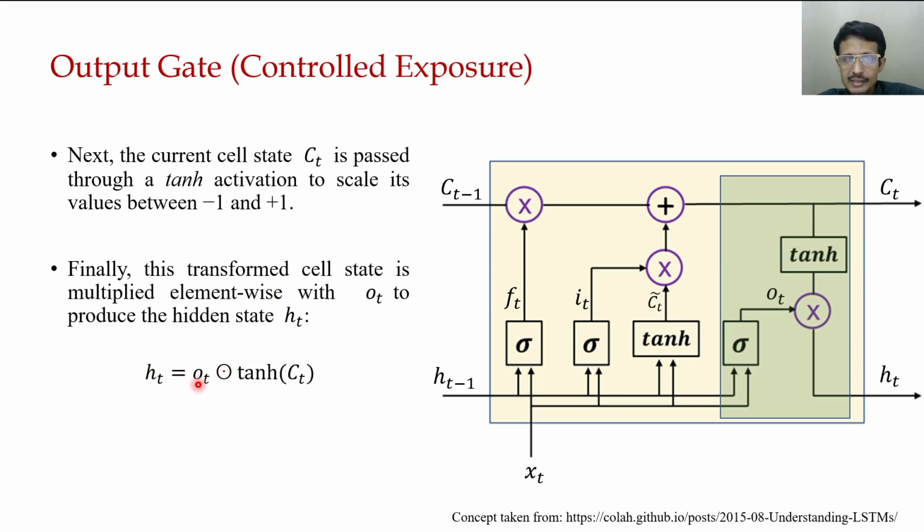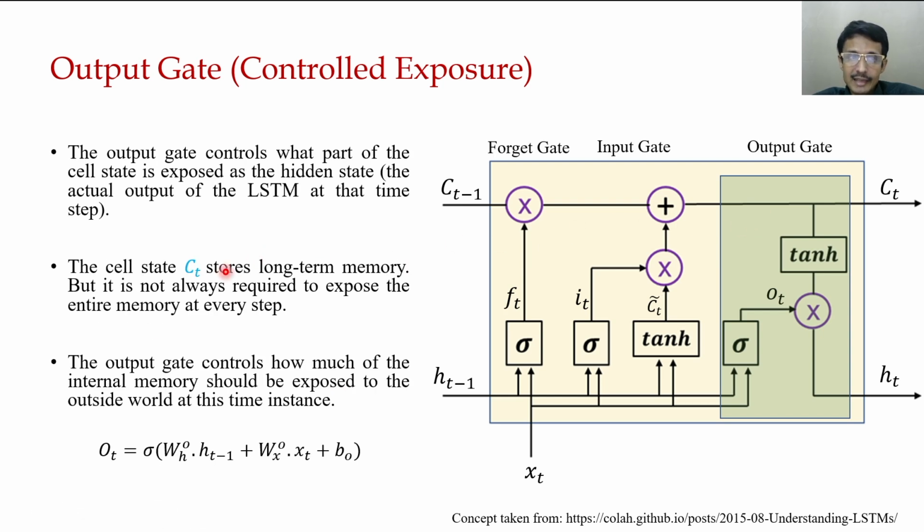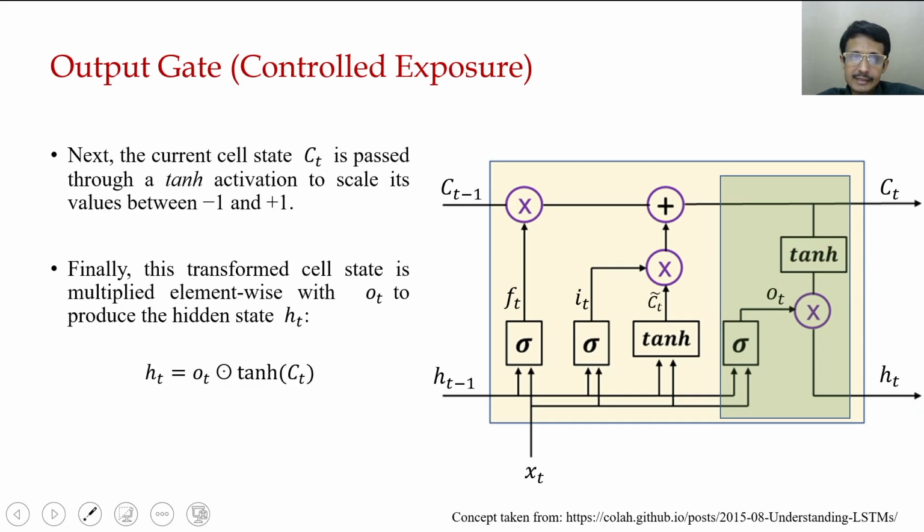So h_t is thus produced. That is very important here. The cell state stores long-term memory, but it is not always required to expose the entire memory at every step. So which part is going to be exposed at that very time step is defined by this concept.